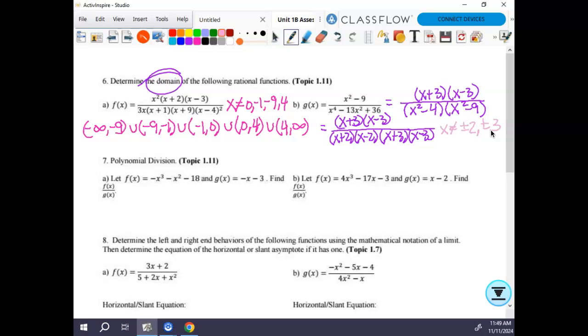So to write that out in interval notation, negative infinity to -3, -3 to -2, -2 to 2, 2 to 3, and then 3 to infinity.